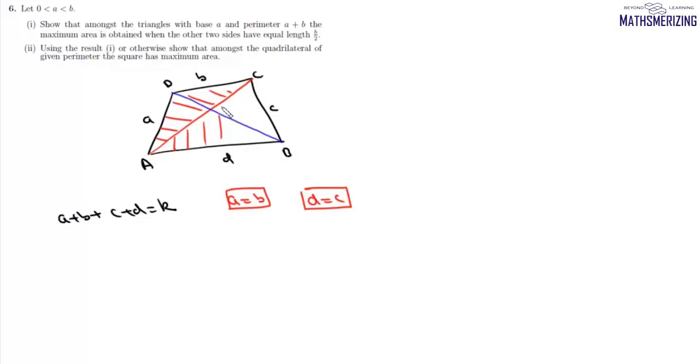Then again this area BDC will be maximum when b equals c, and this area will be maximum when a equals d. That means we'll have the maximum area when all four sides are the same, that is when a equals b equals c equals d. That means we have a rhombus.